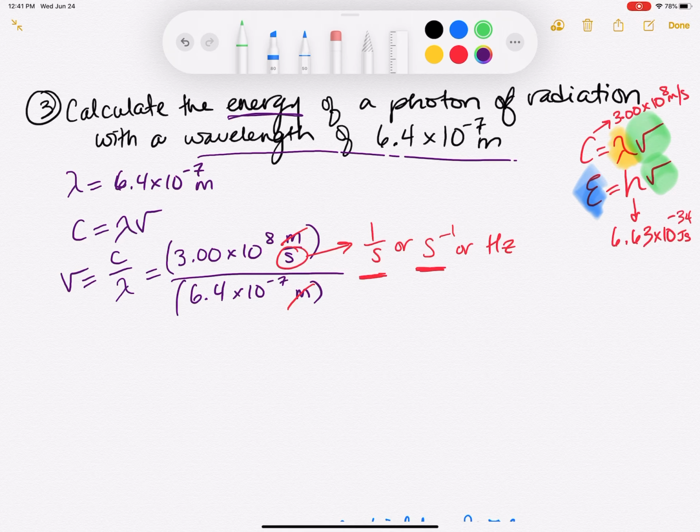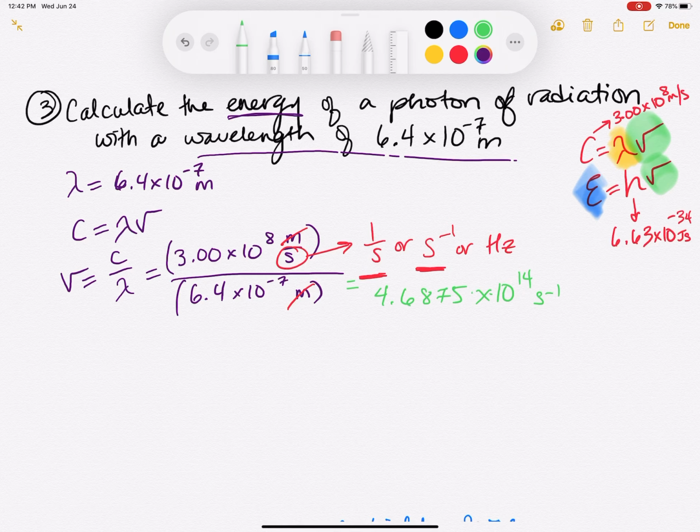So my calculator says that all of this equals 4.6875 times 10 to the 14th. This is my calculation answer. I'm not doing anything with sig figs yet. That should just be my last step. So this right here is my frequency. This is the frequency that I was able to calculate.